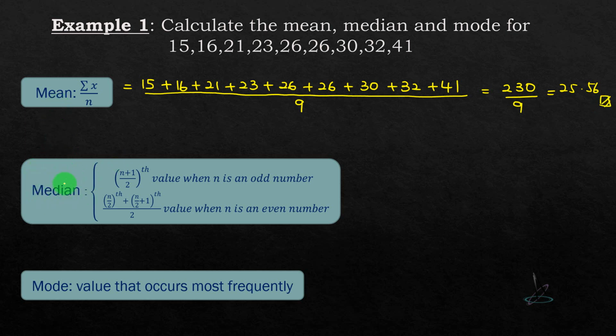Now let us move on to the median. The first formula is for when n is an odd number. The second is for when n is an even number. As you can see, the number of data now is 9, so n is an odd number.